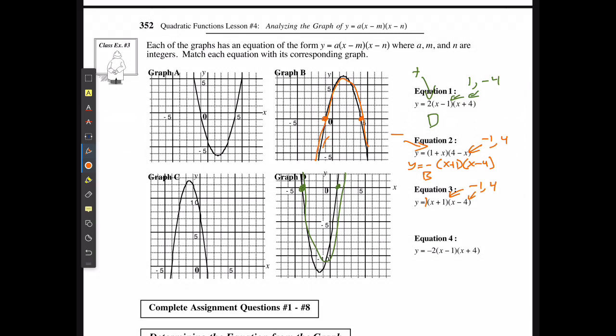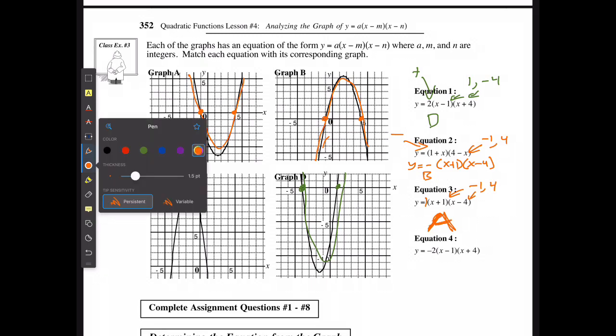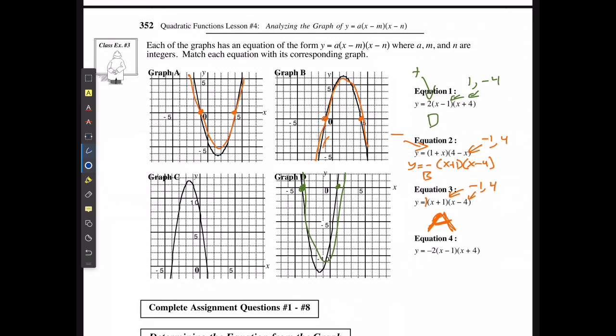If I have negative 1 and positive 4 and it opens upwards, that's going to be graph C. Oh, sorry, graph A. And last but not least, if I have intercepts at positive 1 and negative 4 and a negative a value, that leaves me with graph C.